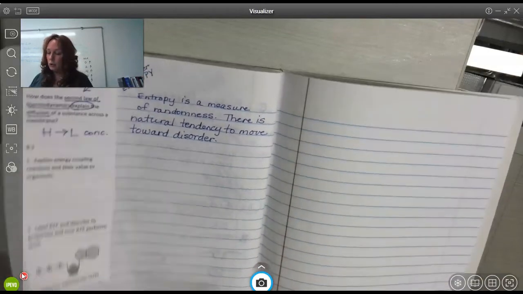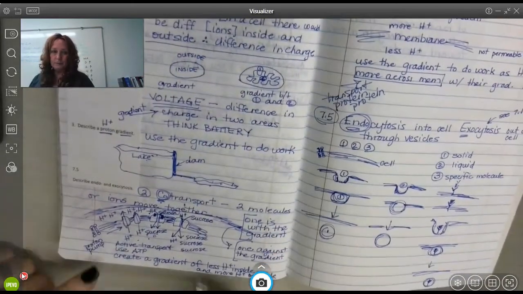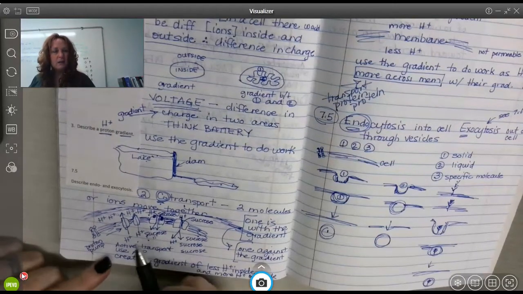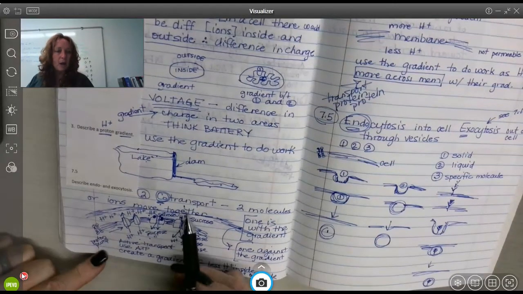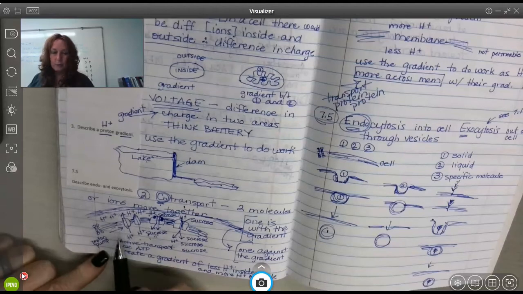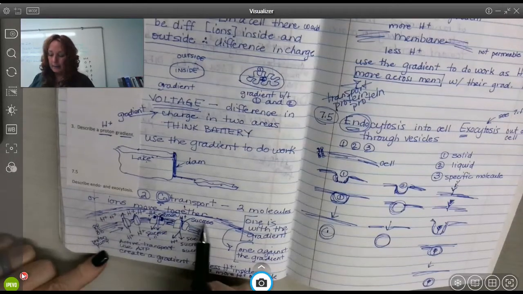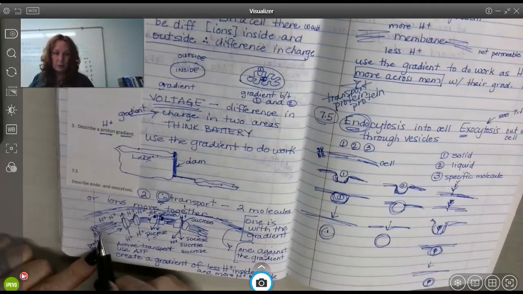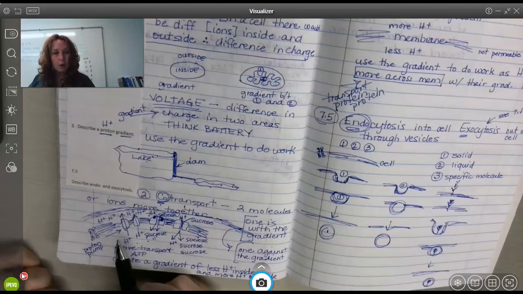If I showed you, let's go back here, this picture, and I said, hey, what do you notice about the hydrogen ions locations across these two places? So we had said this would be like a cell membrane. This might be where you've got the blood vessel running next to it. But you have two different compartments.